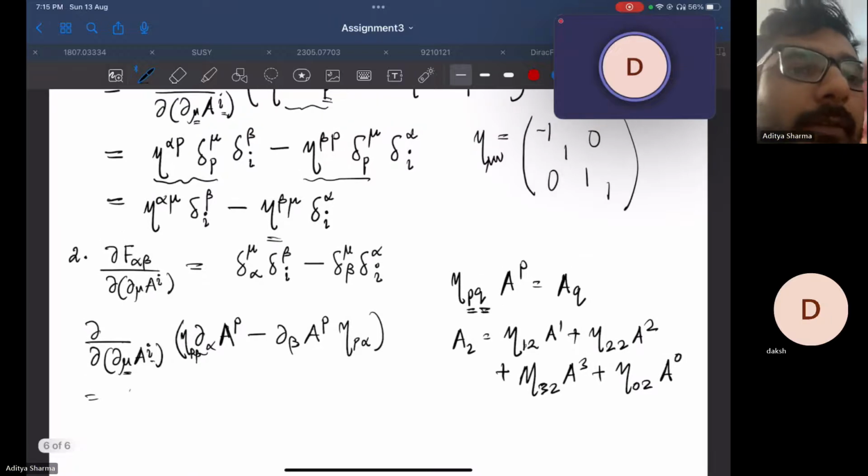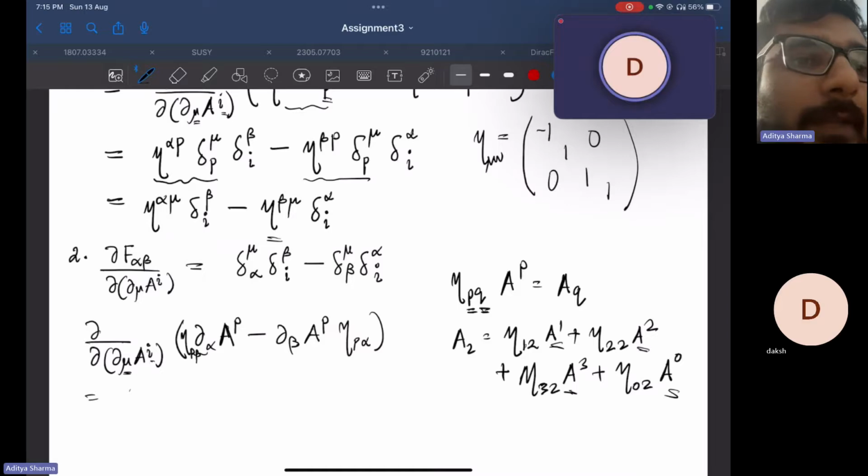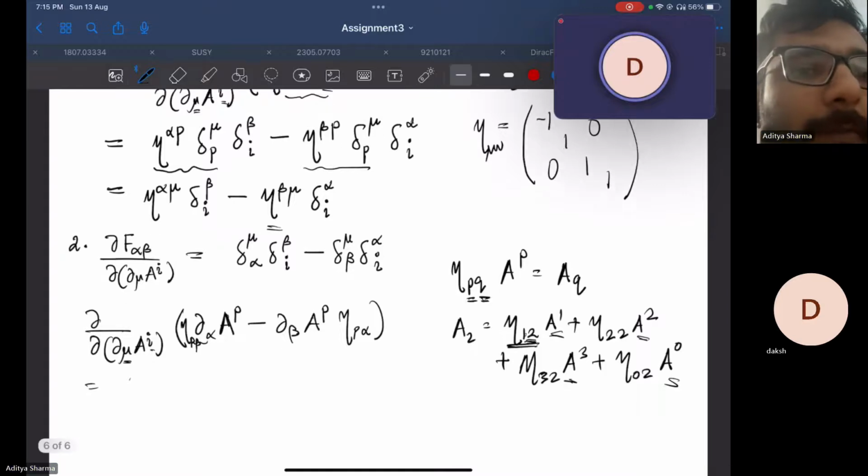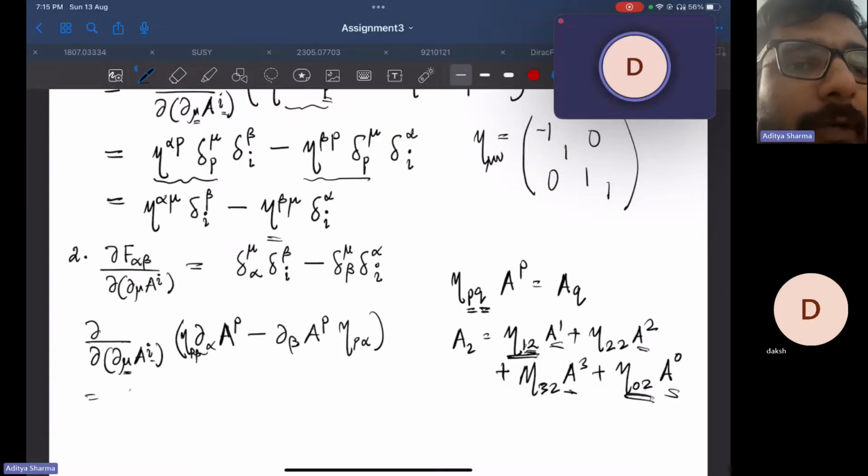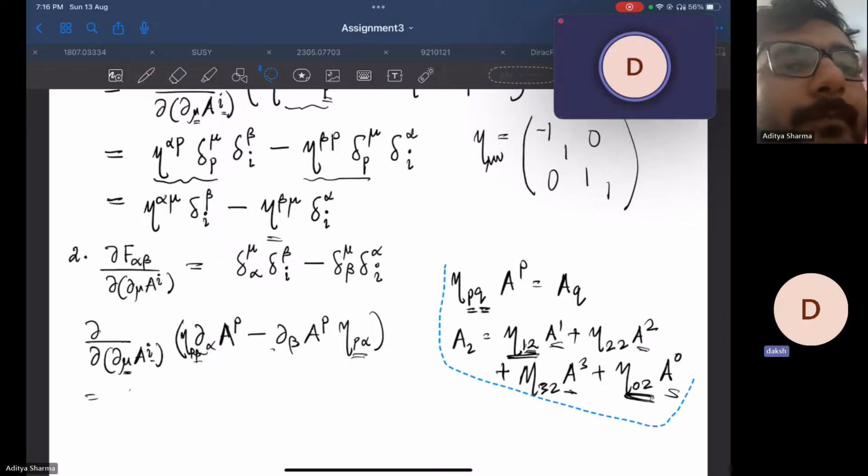Now these are components of the eta matrix. So eta 02 is not a matrix. Eta 02 is a number. So it doesn't matter if you write it here or in the front.